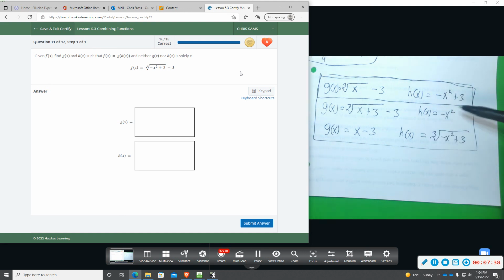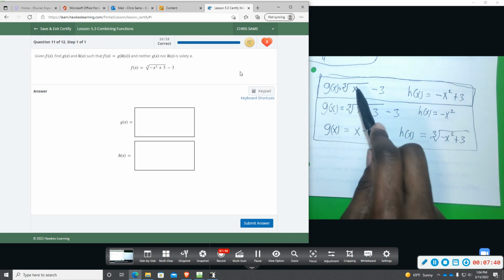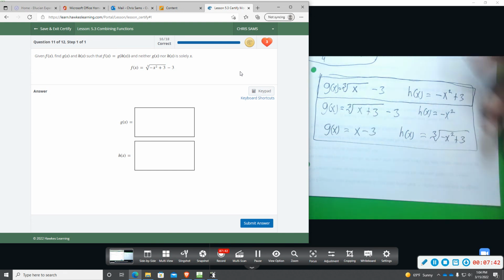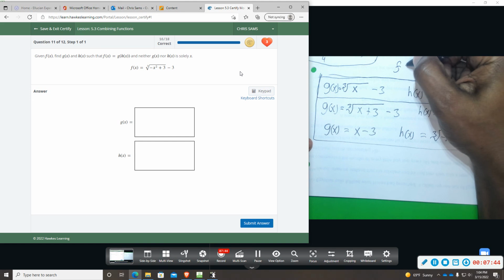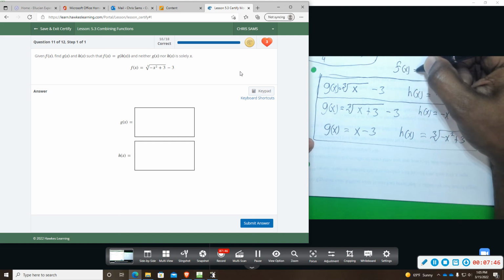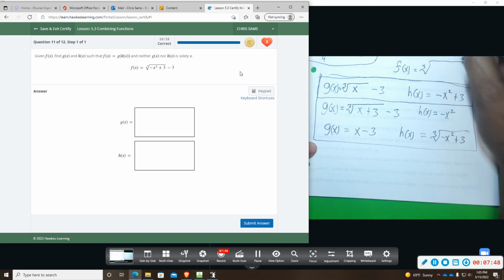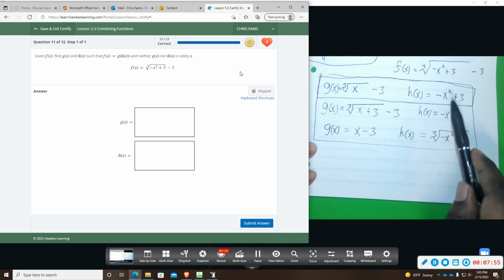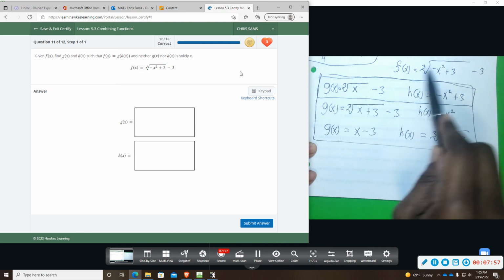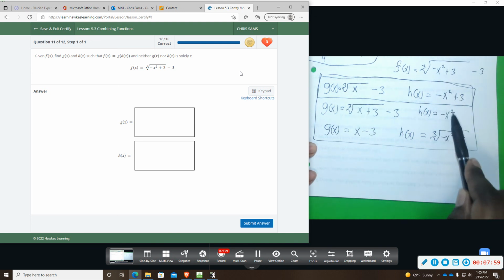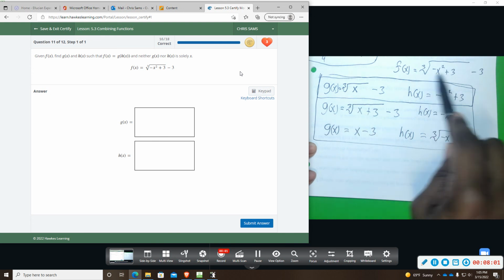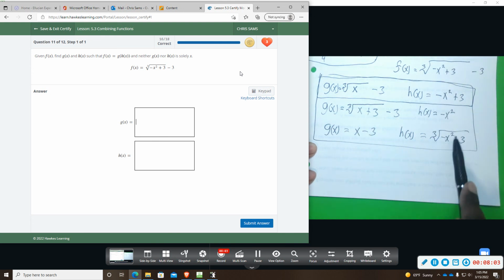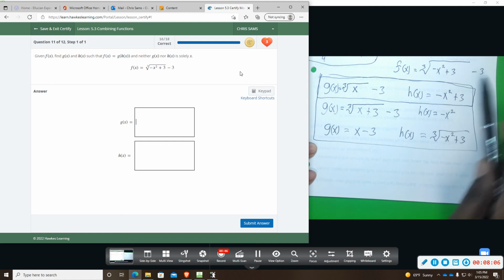And if you look at each one of these, if you replace the x with all of this, you're going to end up with f of x, or the original function, which is the cube root of negative x squared plus 3, and then a minus 3. Because if you replace this here, you end up with that. If you replace this here, you still end up with that. And also if you replace this here, you still end up with that.